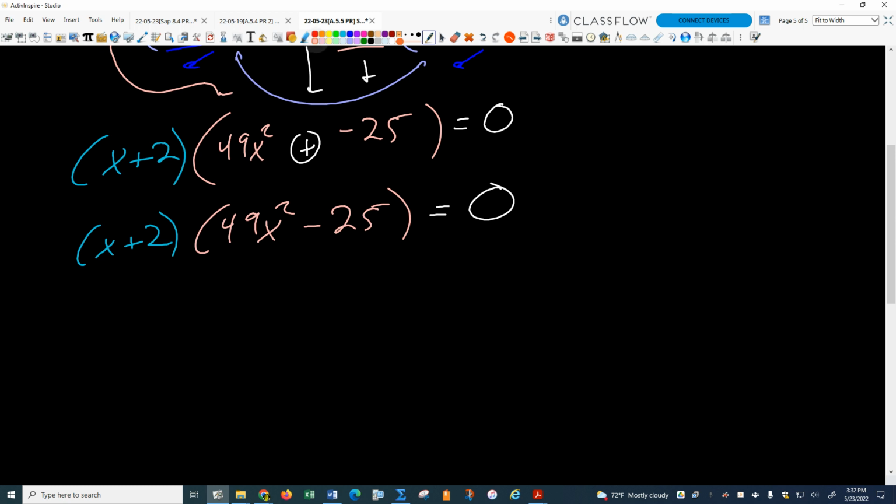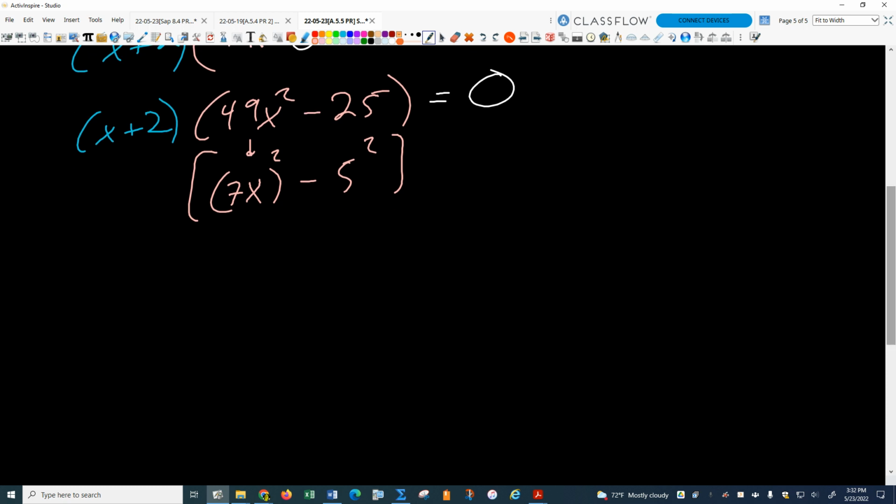So this one, we could split this up into the 49x squared I could write as the quantity 7x squared, right? Minus 25 is 5 squared. And so my difference of squares pattern is going to give me what? 7x quantity squared minus 5 squared factors into what?